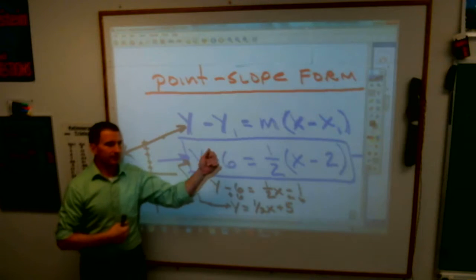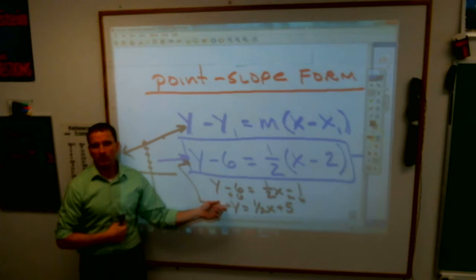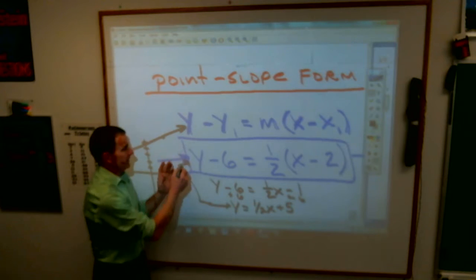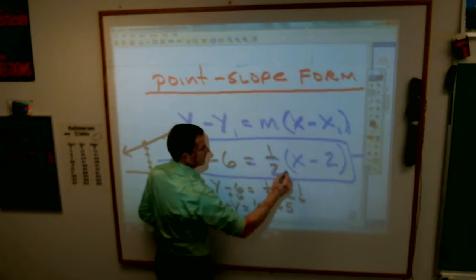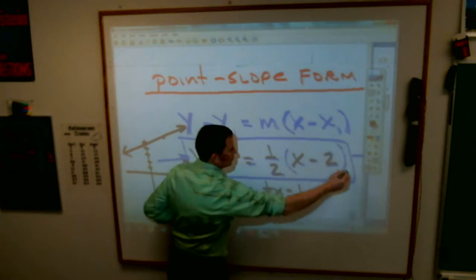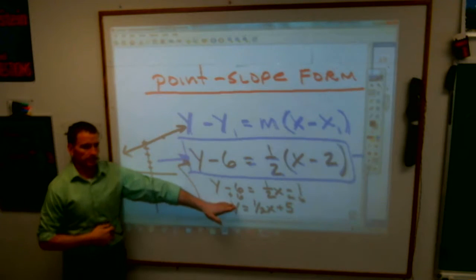Could you get the graph of this without changing it into slope-intercept form? Could I just take this y minus 6 equals 1/2 times x minus 2 and graph it right from there without changing it into this form?